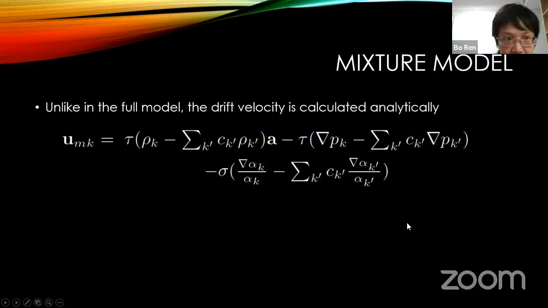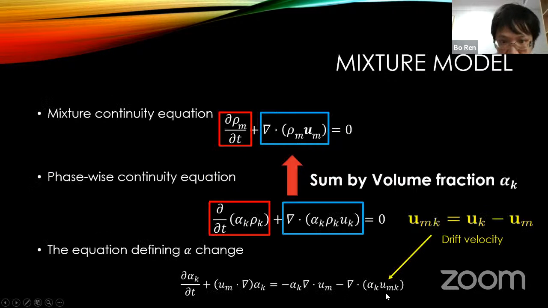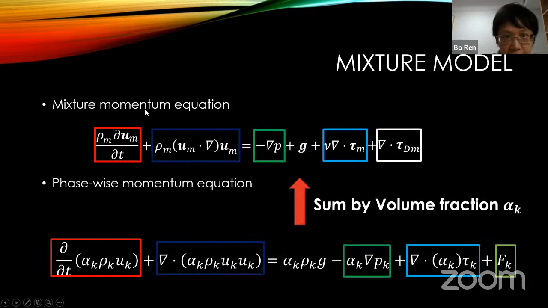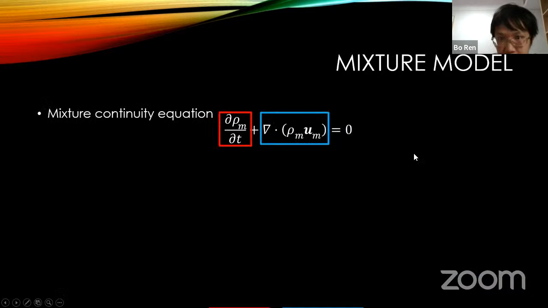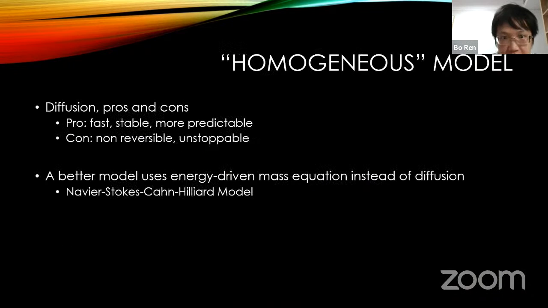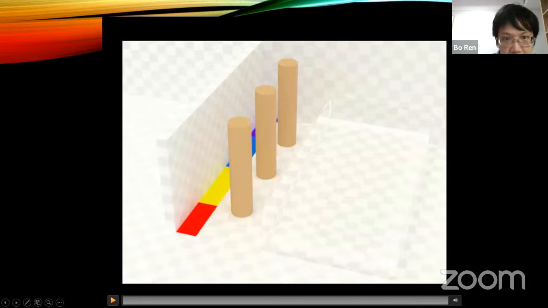And if we have this drift velocity analytically calculated, we can use explicit solvers, such as the most conventional SPH do. We can solve these continuity equations, and we can solve these momentum equations. So there is an example here.